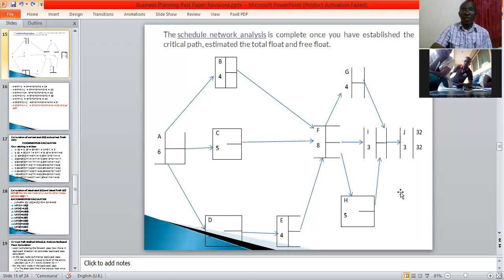So those are the routes that you are able to identify.